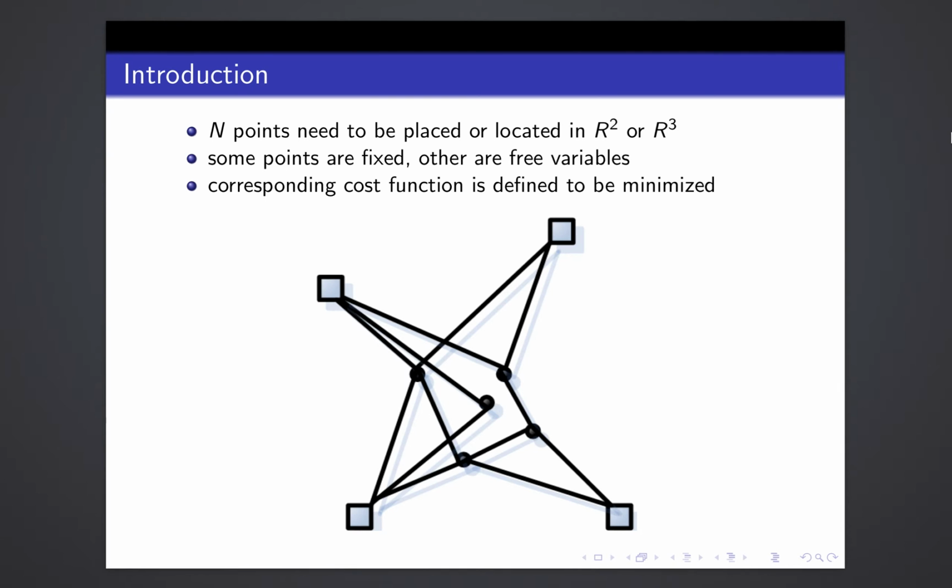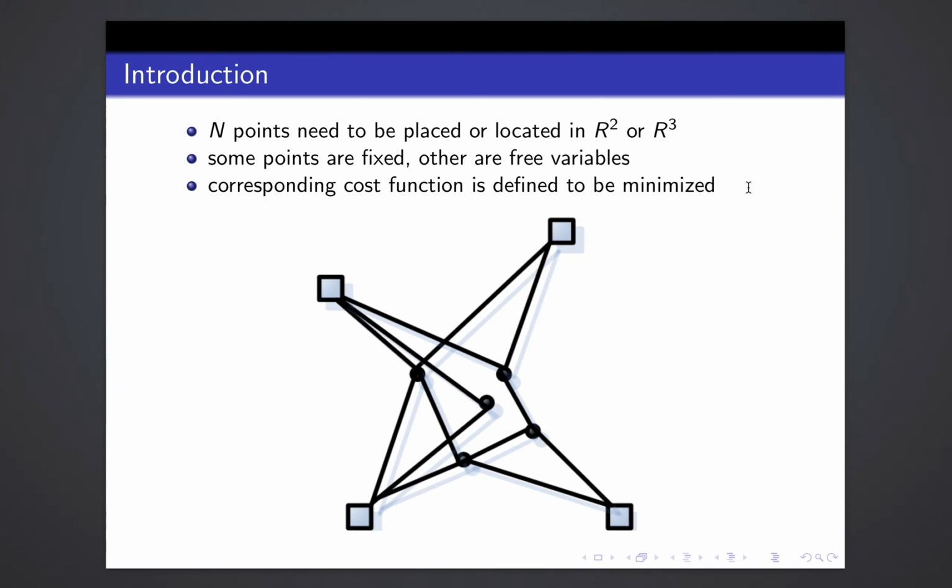The placement and location problem consists of the following three factors. Endpoints need to be placed or located in R2 or R3 dimension, and some points are fixed while others are free variables. And we will have a corresponding cost function which is defined to be minimized.